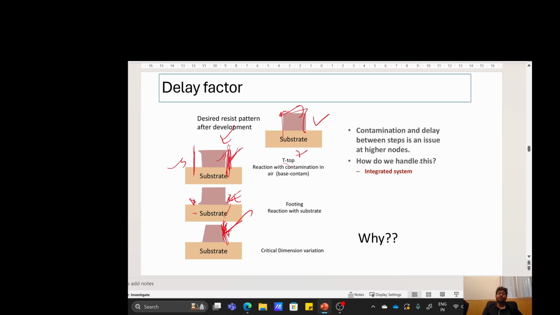When you do the lift off process, which is done after the deposition of gold, the removal of the photoresist, it will be very hard to remove this photoresist, because the gold is protecting it. This photoresist is dissolved in acetone.